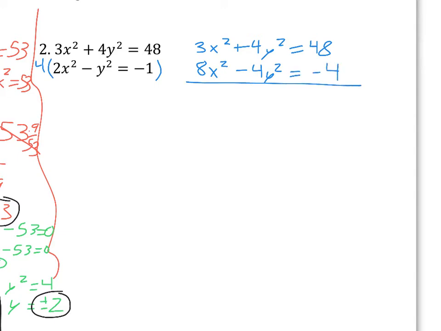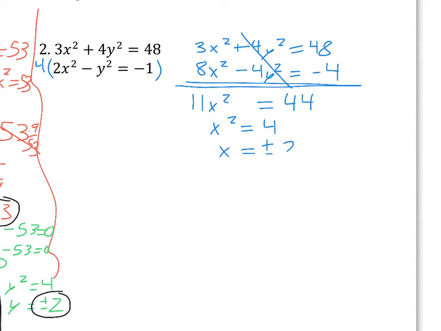Now we combine them together. These will eliminate. We'll get 11x squared equals 44. So x squared equals 4 and x equals plus or minus 2.